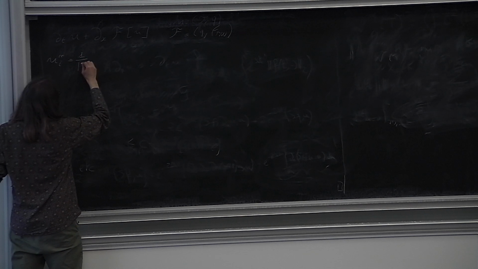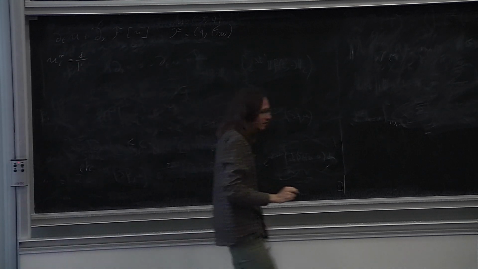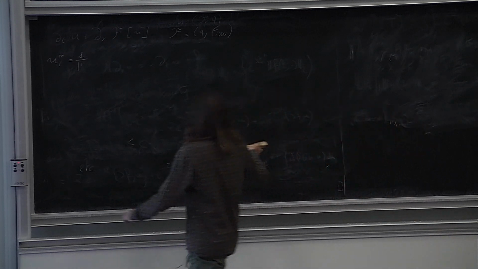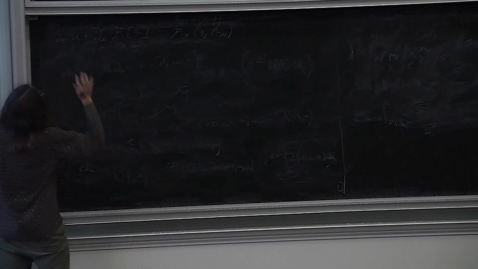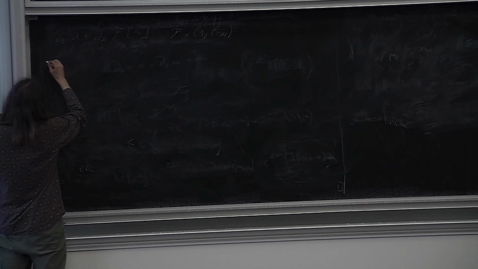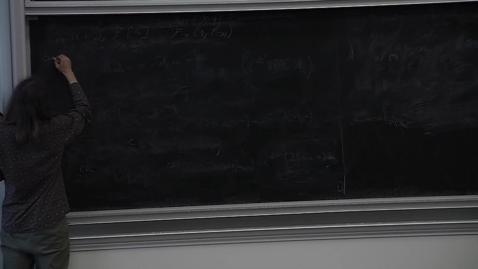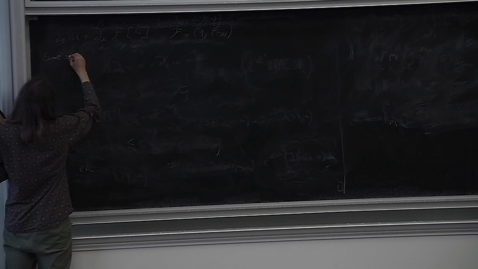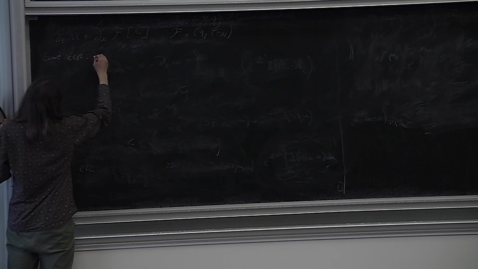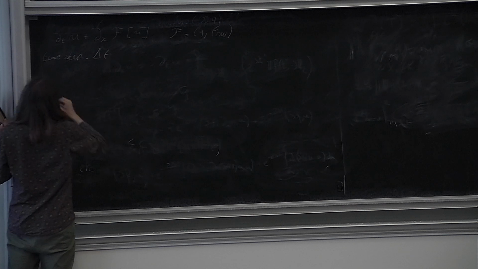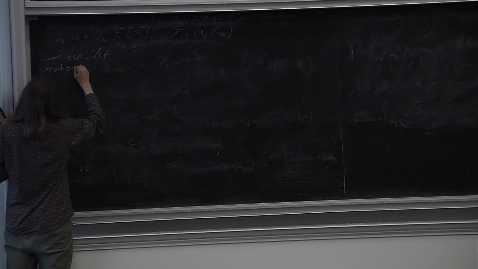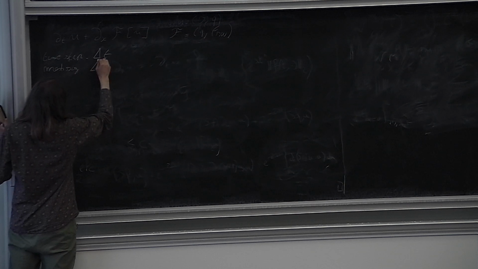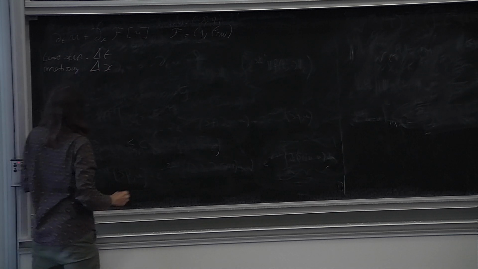the average. Before that, I will need to introduce the time step and the size of one mesh. We are in one dimension here. I say that the time step is delta t, and the mesh size is delta x.